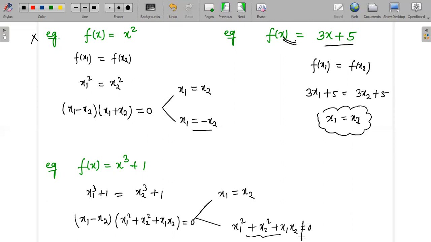That means there will not be any real values of x1 and x2 for which this quadratic expression equals 0. It means that only the equalizing relation in x1 and x2 is responsible for equalizing the relation in the outputs. So that will make your function one-one.